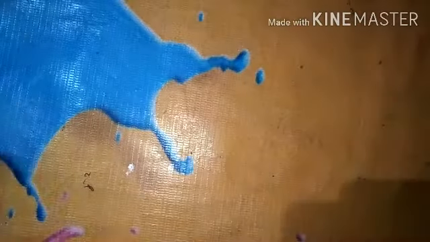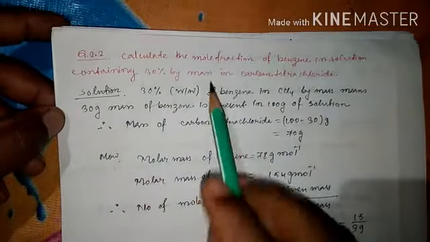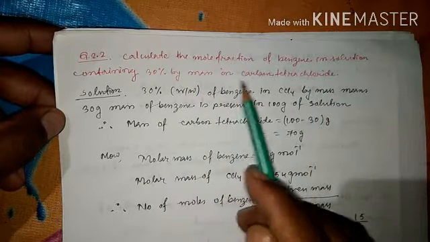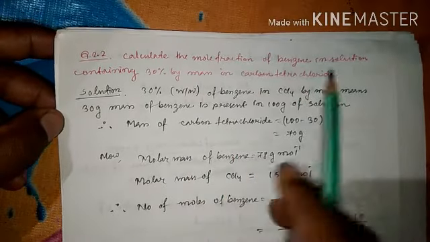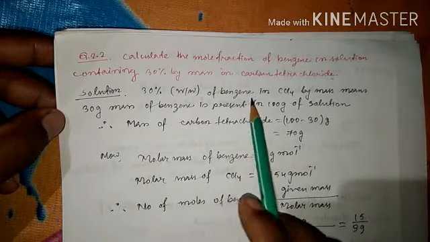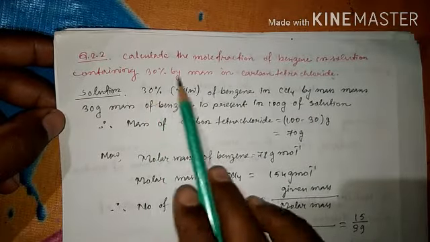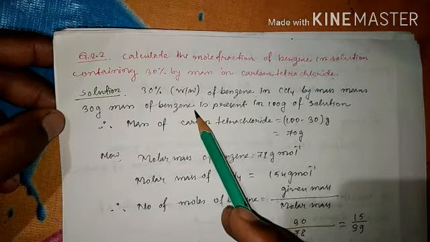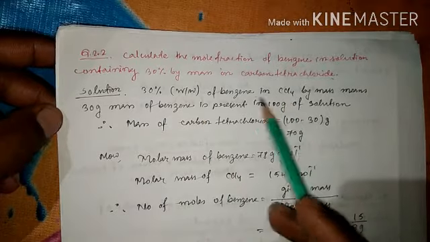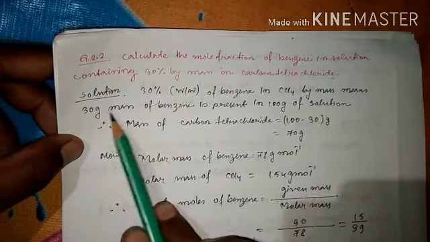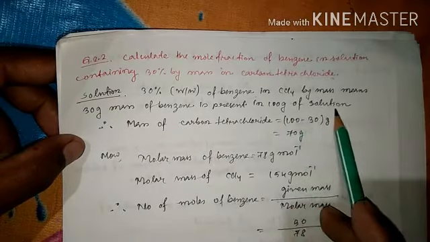Here is a simple numerical. Calculate the mole fraction of benzene in a solution containing 30% by mass of benzene in carbon tetrachloride. 30% W by W benzene means 30 gram of benzene is present in 100 gram of solution.